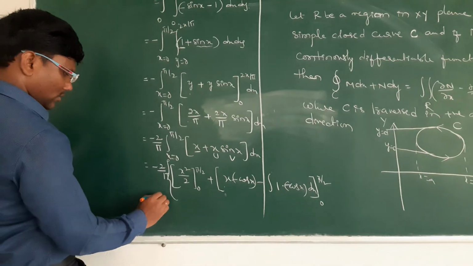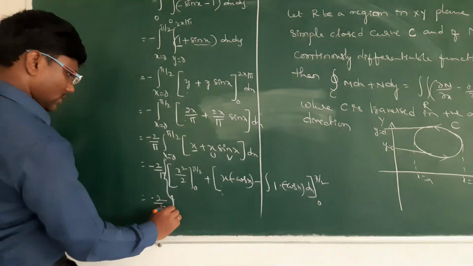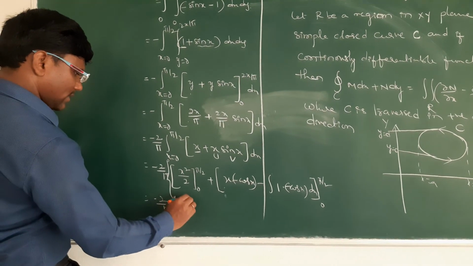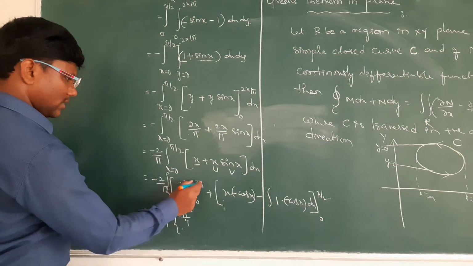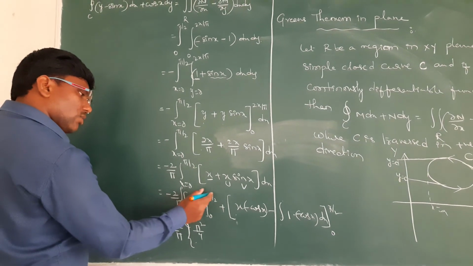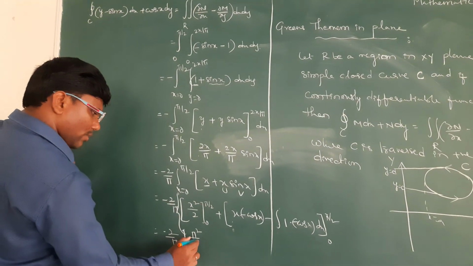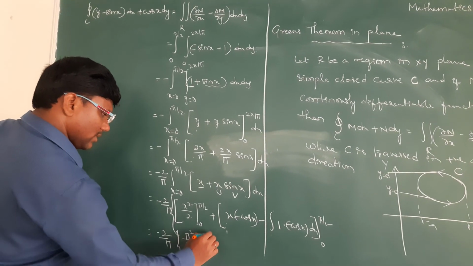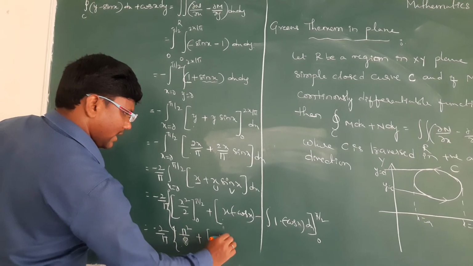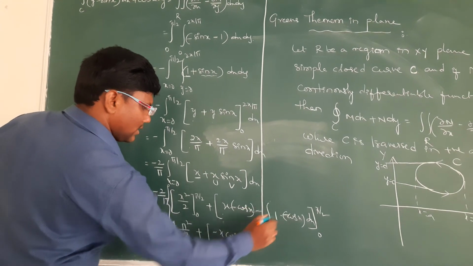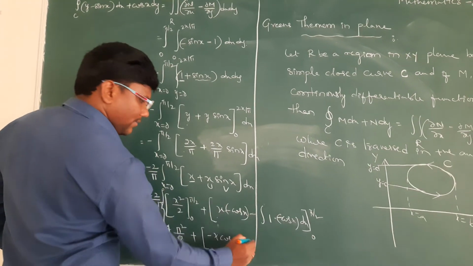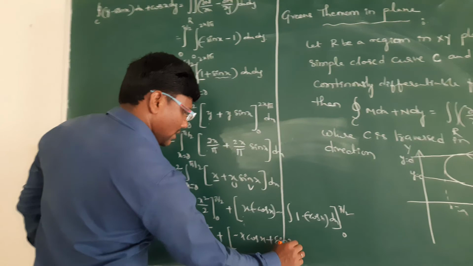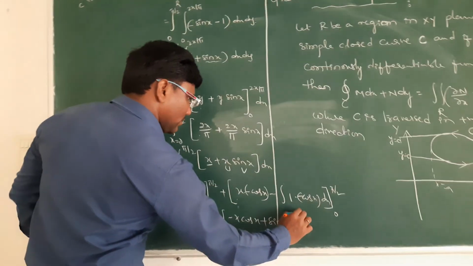That is equal to minus 2 by pi into pi square by 4 by 2, substituting x equal to pi by 2, that is pi square by 8, plus minus x cos x plus, minus into minus plus, the integration of cos x is sin x, limits from 0 to pi by 2.